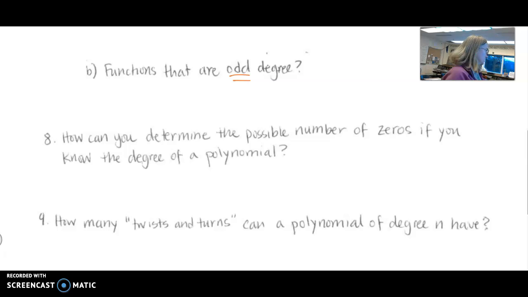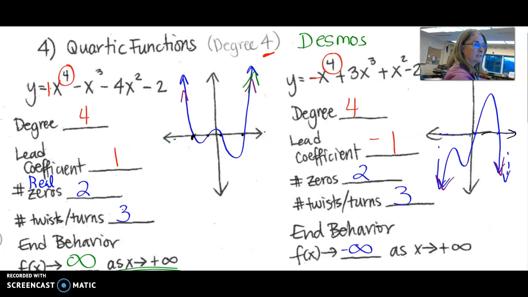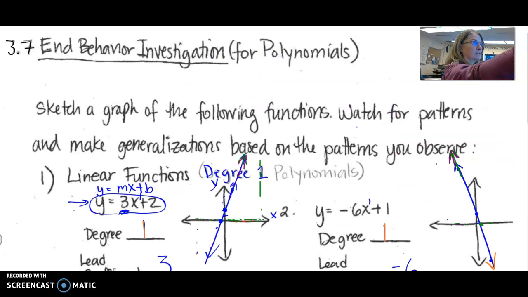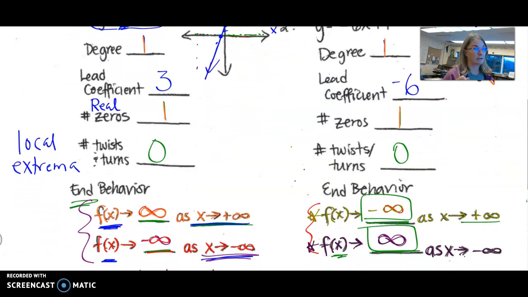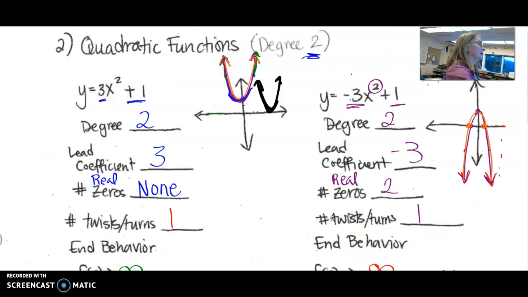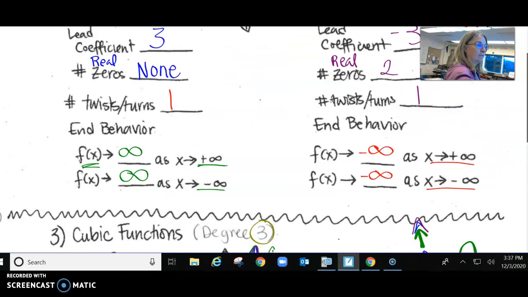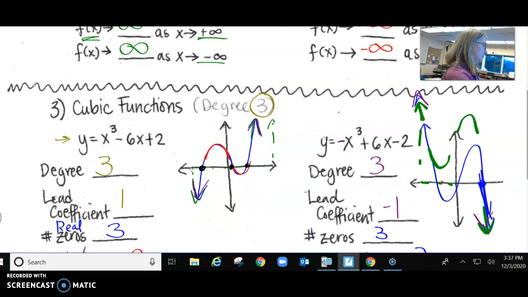Remember, our linear function had 0 twists and turns, or relative minimums and maximums. So degree 1 had 0. Degree 2 had 1 twist and turn. Degree 3 can have up to 2 twists and turns.